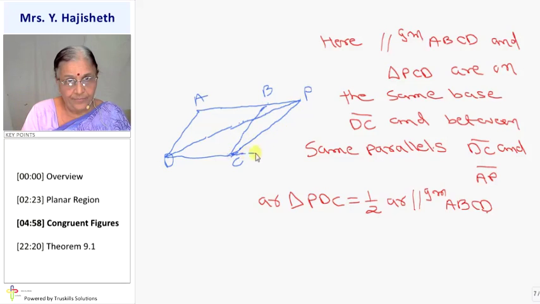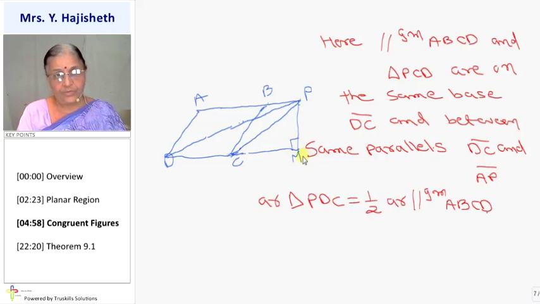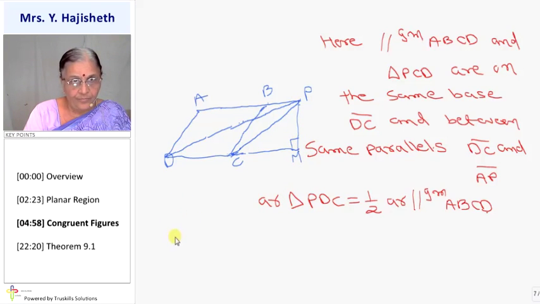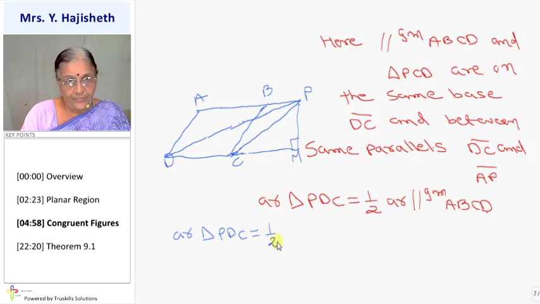Now if I draw PM perpendicular to CD, then what is the area of triangle PDC? We know it is 1/2 CD into PM. Clear?